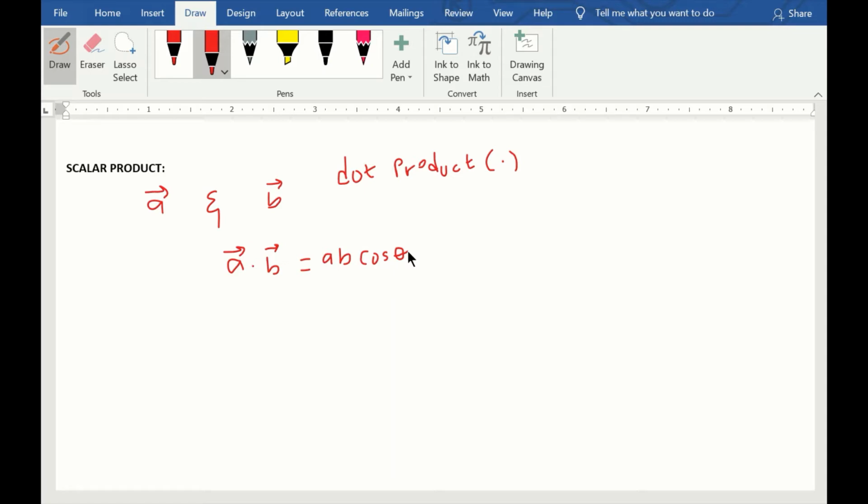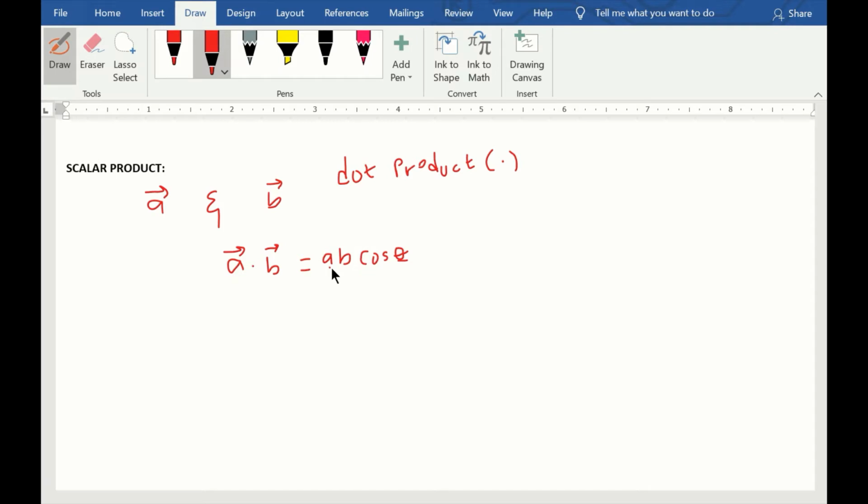Let me explain. Please listen carefully. Very simple. The theta is the angle between vector A and vector B. A and B are the magnitudes.